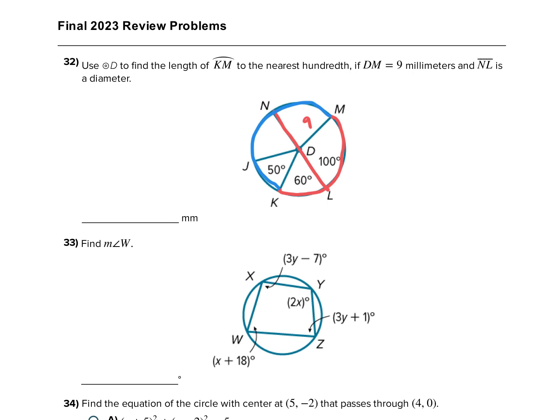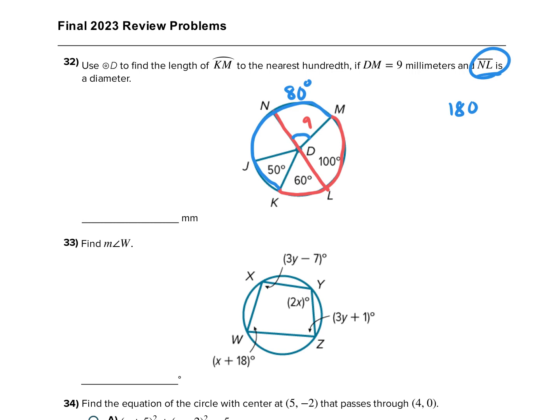And the fact that NL is a diameter is very important because a diameter cuts a circle in half. So that means half of 360 is 180.